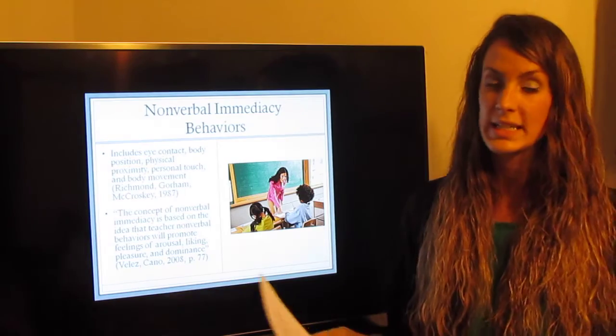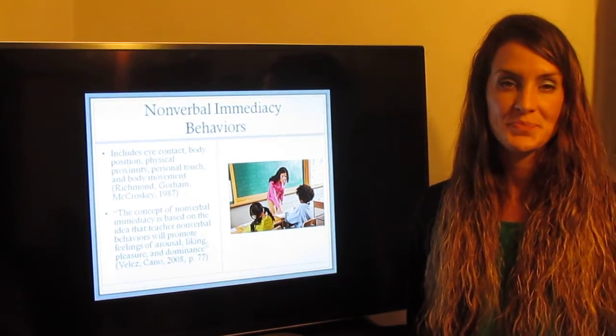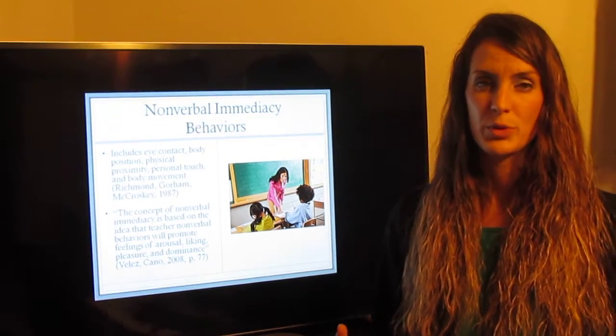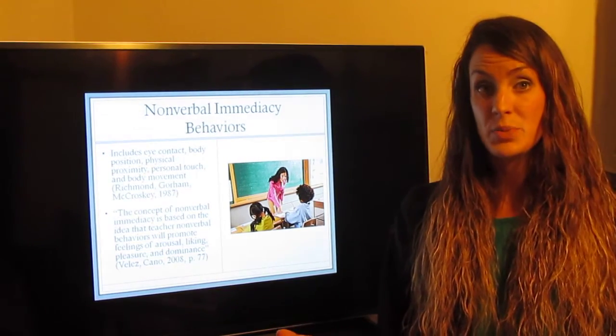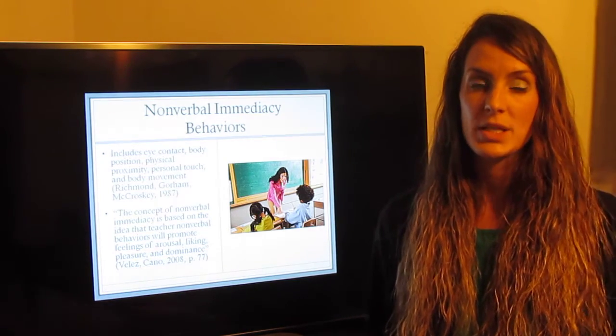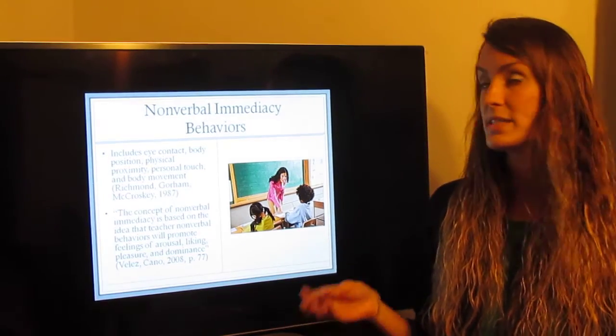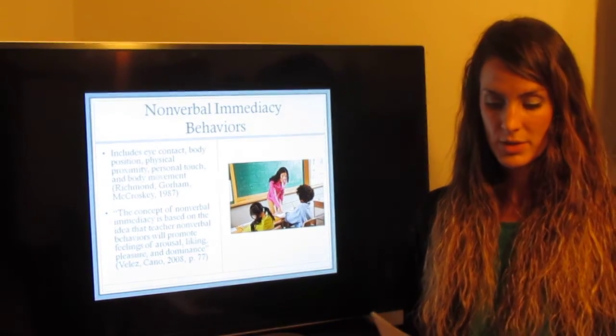The enthusiastic, engaging teacher, or the teacher who simply lectures without any nonverbal interaction? You're likely going to choose the teacher that you feel more engaged with and is more enthusiastic. And so that kind of displays the importance of the nonverbal behaviors.